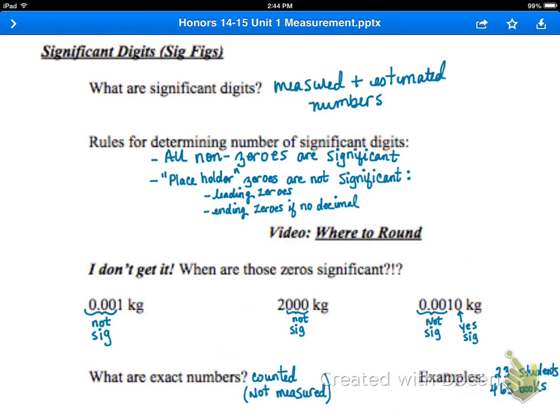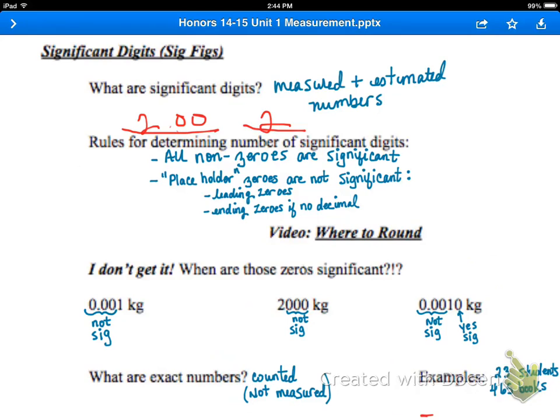This is whether I report 2.00 or 2. The fact that I wrote 2.00 tells me I know that answer more precisely based on my measuring equipment than if I were to report 2. It tells the scientist reading your report how precisely you know that value.